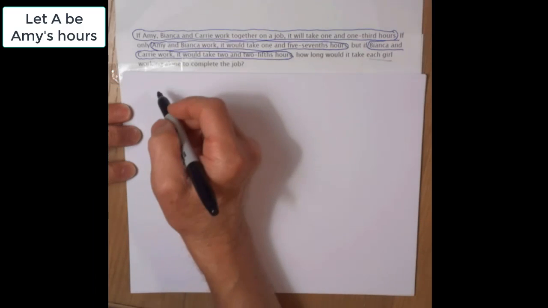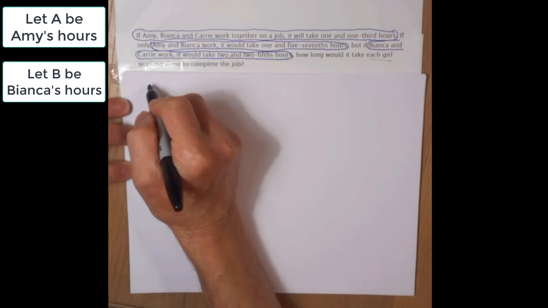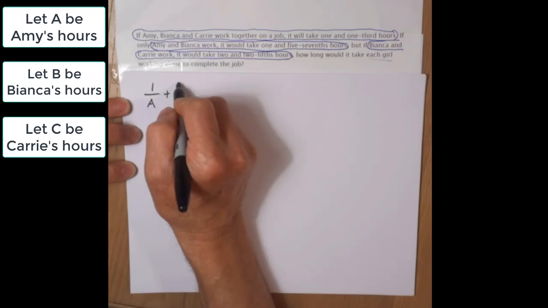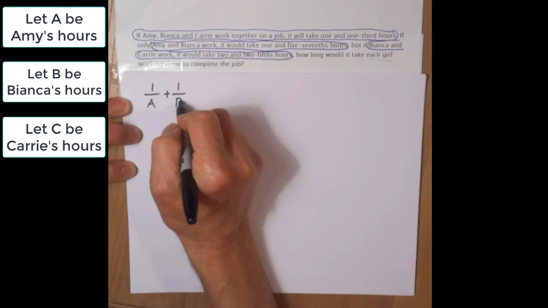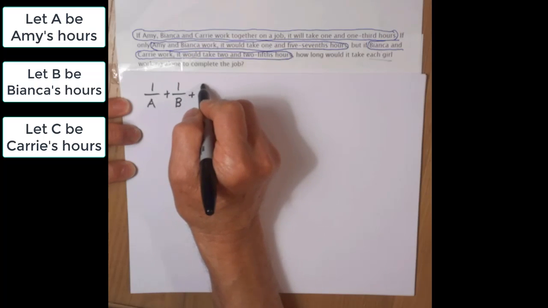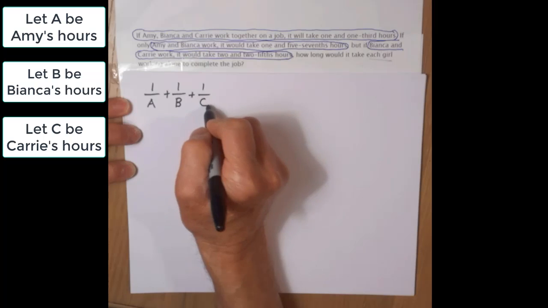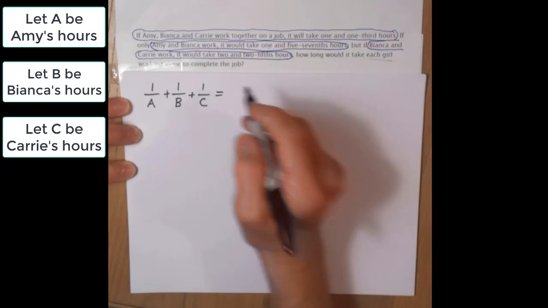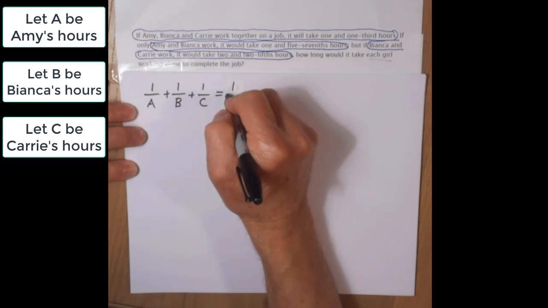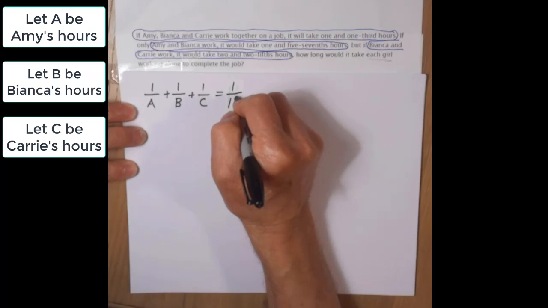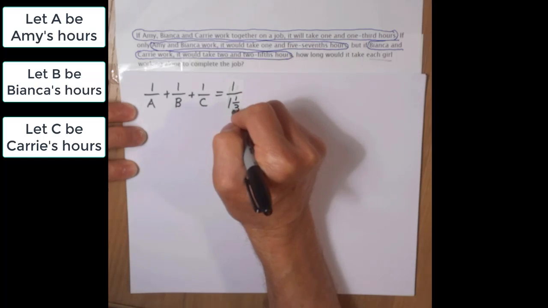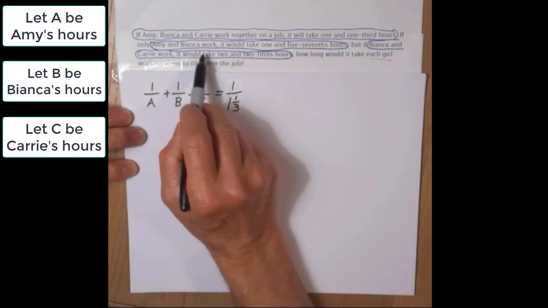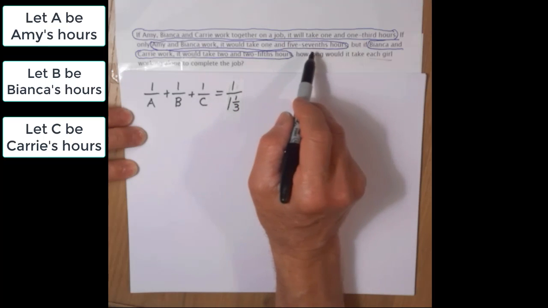Okay, let's set this problem up. 1 over Amy's hours plus 1 over Bianca's hours plus 1 over Carrie's hours is equal to 1 over 1 1/3 hours. Now, Amy and Bianca work, it would take 1 5/7 hours.